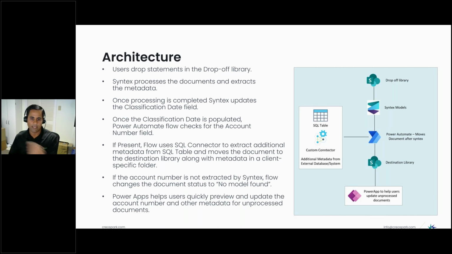They can just copy and paste it and update the metadata, and then the workflow picks up again, saying, oh okay, now this document has the account number, so let's move it to the location it needs. So that helped them process some of the documents that Microsoft Syntex failed to process, and that way it presented them a complete solution to automate the process that they were spending a lot of time doing manually.